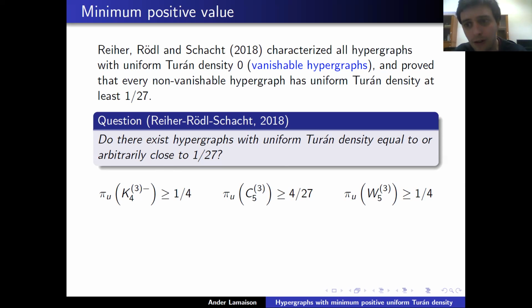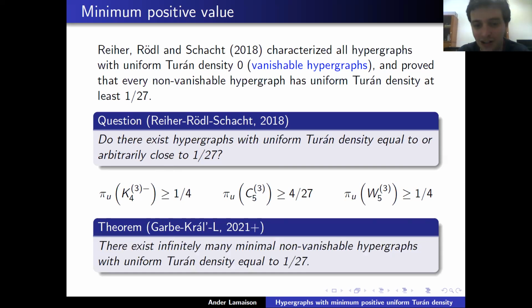Maybe it's better to go for arbitrarily close to 1/27. But thankfully, on 7 vertices, we come to an answer: there are some hypergraphs which have uniform Turán density exactly equal to 1/27. And we showed more. We proved that there exist infinitely many minimal examples. So this is our main result.